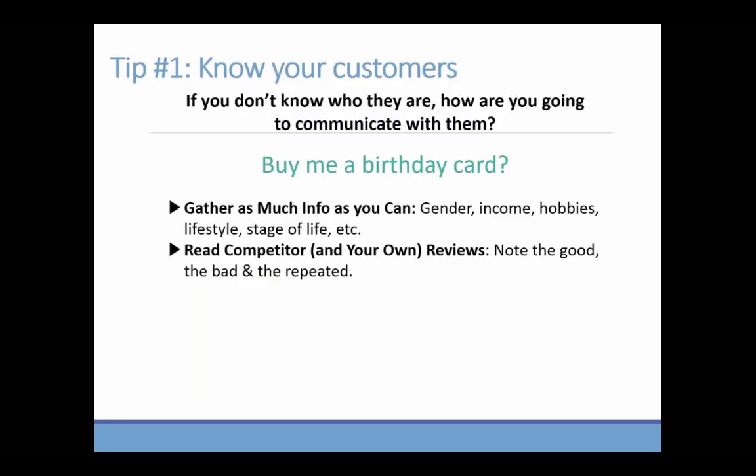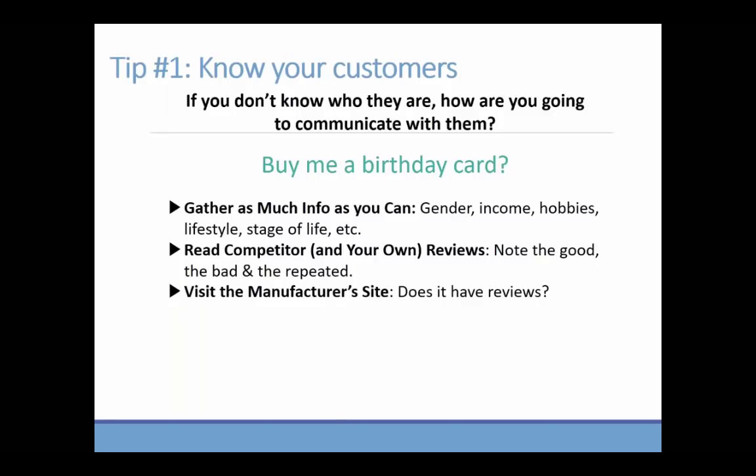The shirt is tailored to my body. It lays so well, or it didn't shrink when it washed. Every other shirt I've had has shrunk when it's washed. Those types of things, or negative things, that it did shrink when it was washed. Use that information to not only improve your product, but also improve your product listing itself.